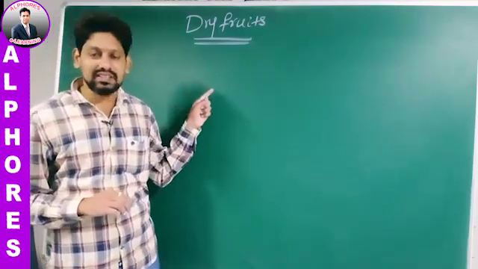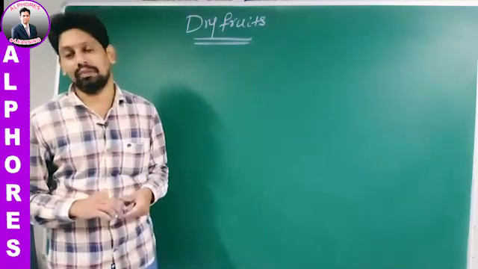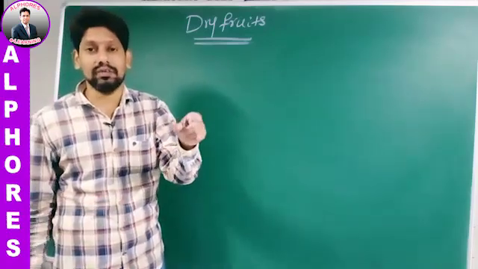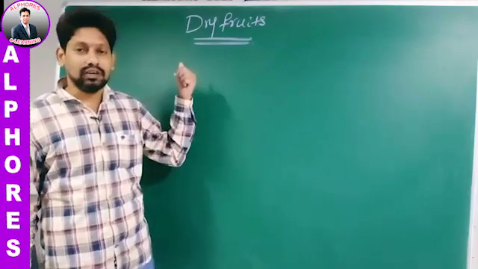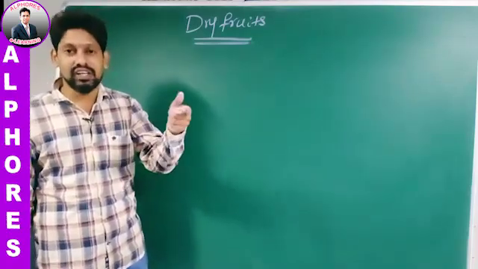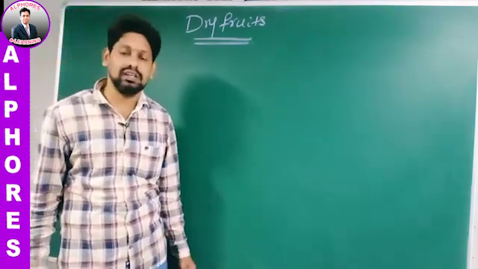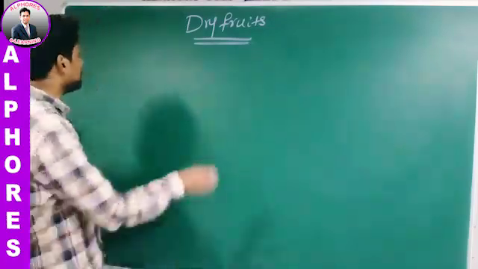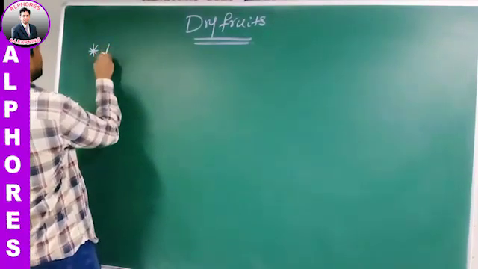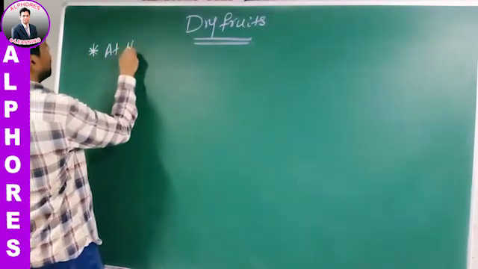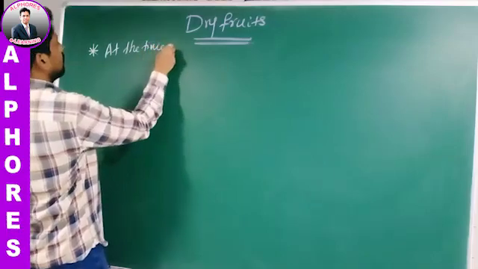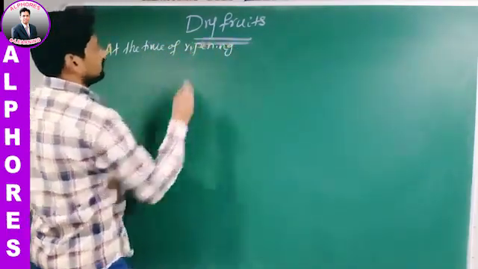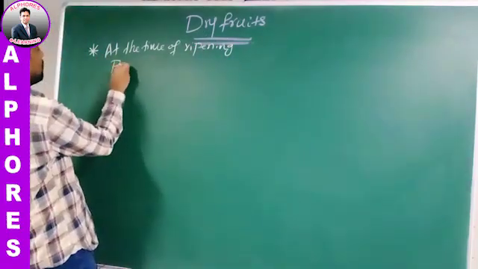How is the pericarp dry? Dry pericarp is not differentiated into epicarp, mesocarp and endocarp. Therefore, at the time of ripening, the pericarp is dry.